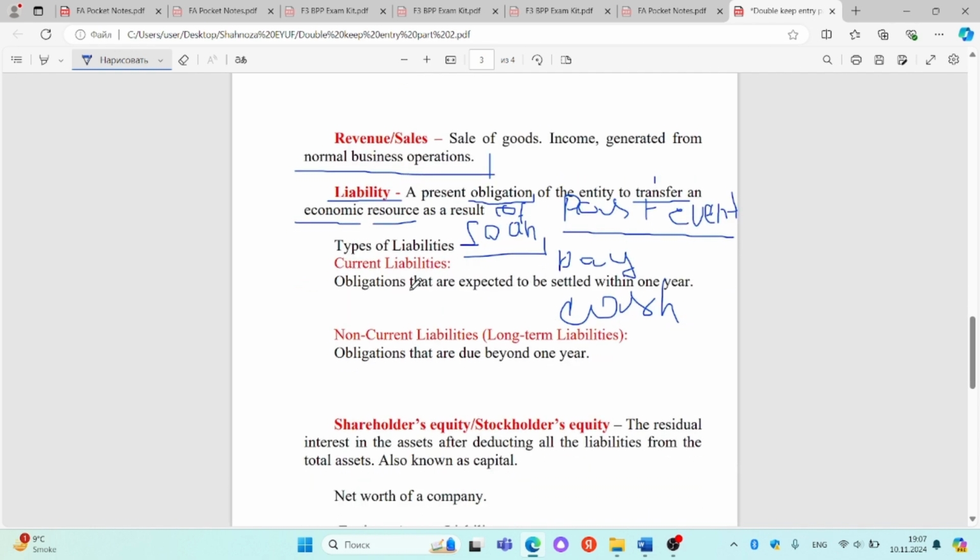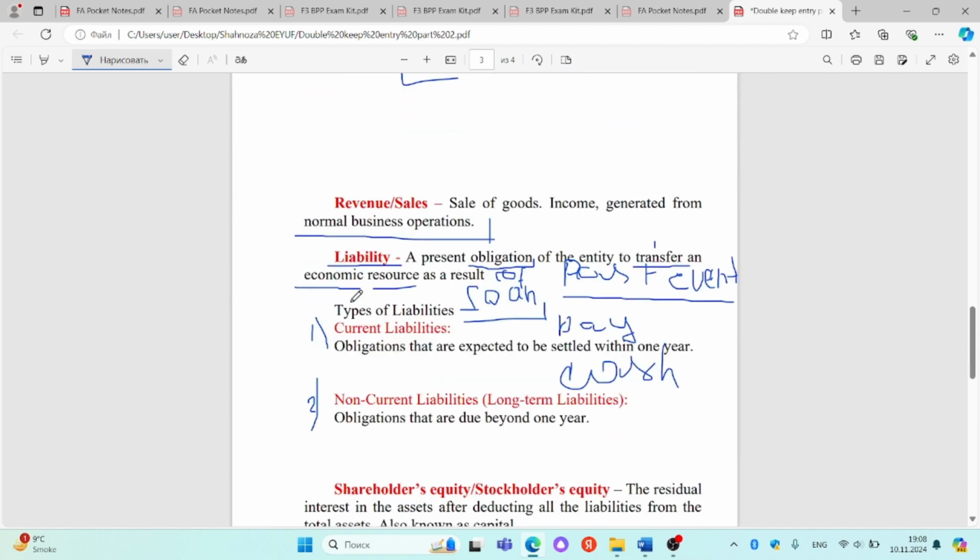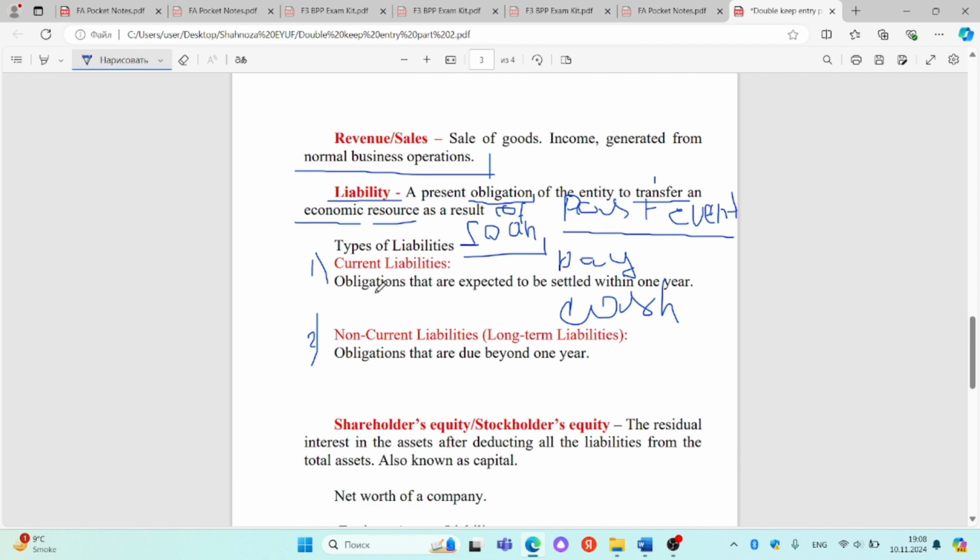And these are also divided into two groups. First one is current liabilities and then non-current liabilities. As I mentioned above, in assets, this is also kind of similar. Current liabilities means if we have, like, let's say loan or debt for 12 months, then it is called current liabilities if we have to pay that loan within 12 months.